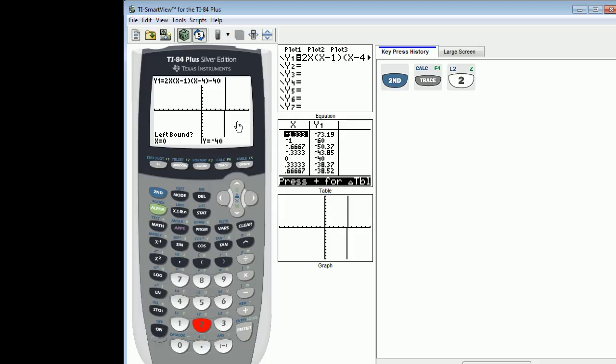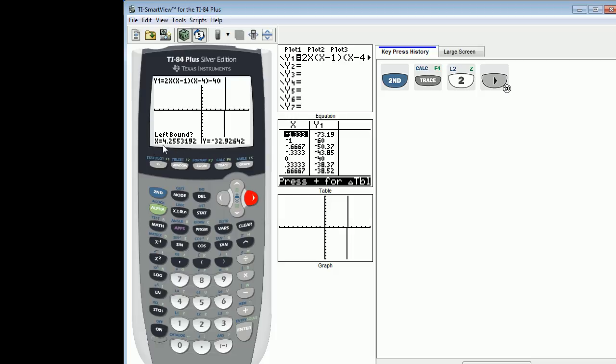Okay. Right now, what is my x value? 0. So to get to 4, I need to go right a little bit. So let's go till we get to an x value of 4. We may have to click a little while. Oh, there we go. I got to 4.